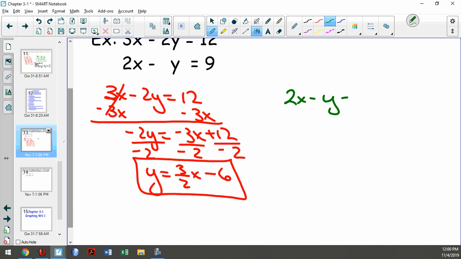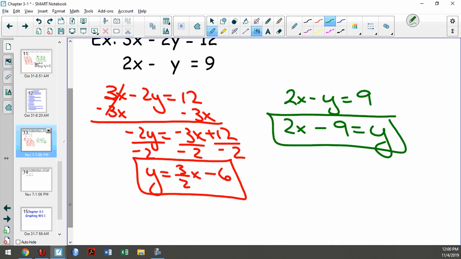2x minus y is equal to 9. And what am I doing with that? There's many ways that you guys could do this. So you go ahead and do it, because not everybody's going to think to do that right away. I would simply add the y over and subtract the 9.